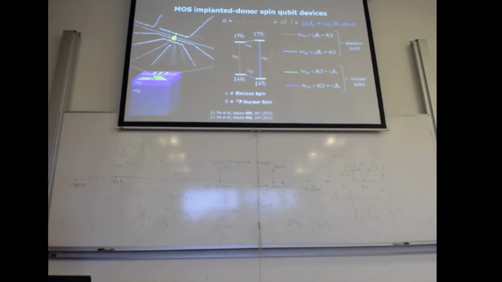So these are 4 unique frequencies that allow us to drive these various transitions and control the system. So now if you do this continuous wave, you can measure a resonance peak, of course. If you do this in a pulsed fashion, you will measure pi flips, if you time it right, or Rabi oscillations.